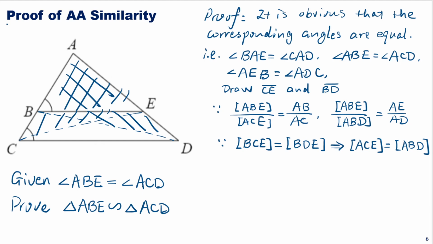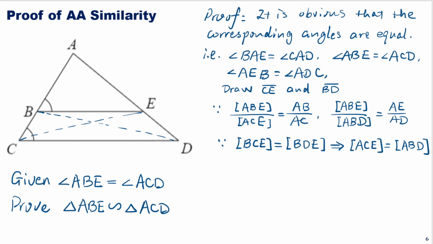If BCE equals BDE, then the area of ACE equals the area of ABD, right? And put that into that equation. If ACE here equals ABD here, then ABE is the same. Then we will have AB over AC equals AE over AD, right?